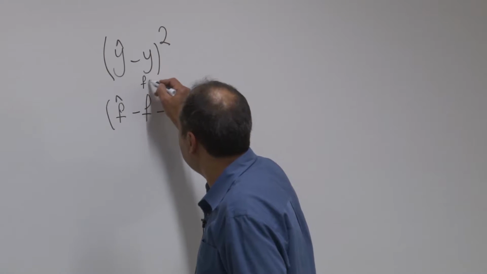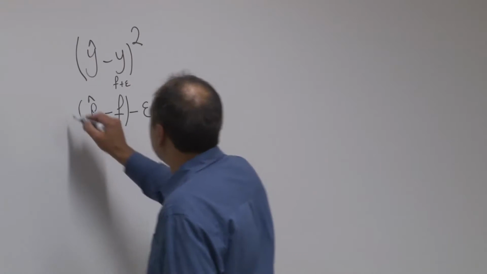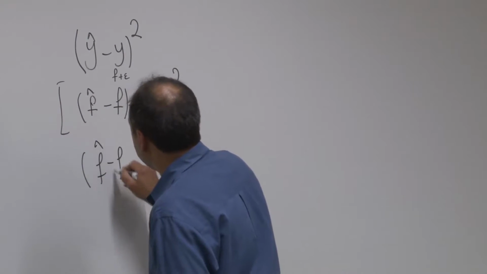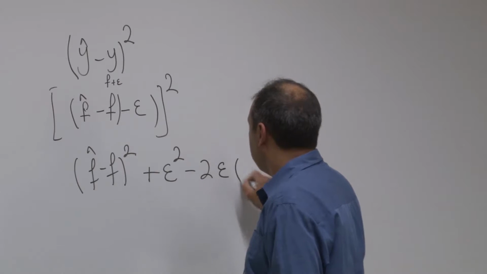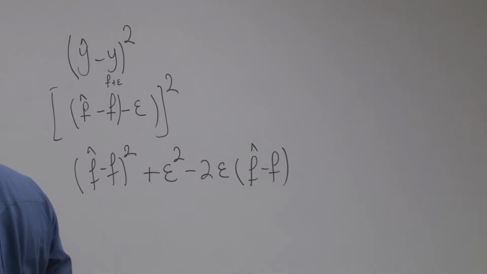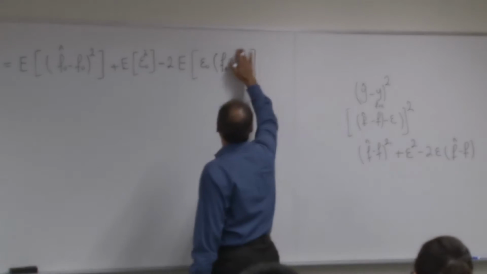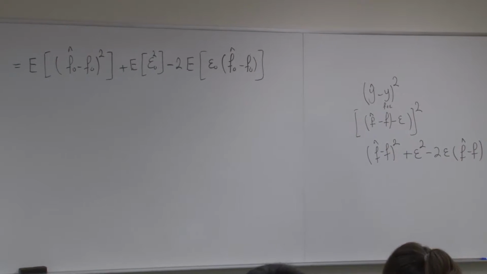Because y is f plus epsilon, so it's minus f minus epsilon. So now I make a group. Then I have f hat minus f squared, plus epsilon squared, minus 2 epsilon times f hat minus f. Is that right now? Yeah, different there.